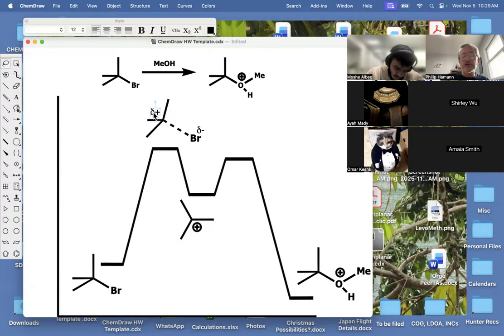Okay, so that's the first intermediate. I mean, the first transition state. The second transition state's an awful lot like it.